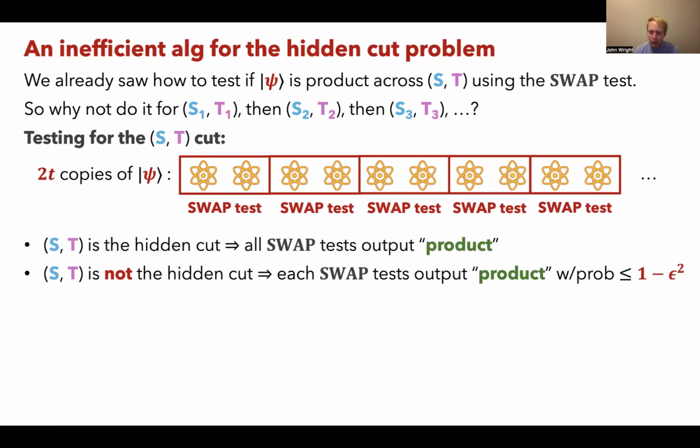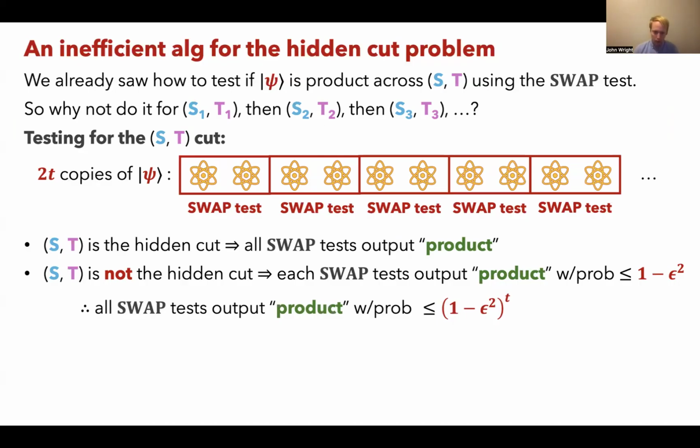So if I want to detect whether I am a product state across this cut, I just check if every test returns the word product, and if even a single one returns the word entangled, then I know I'm not a product state across this cut. So in this case where ST is not the hidden cut, then the probability that every swap test outputs the word product is going to be at most 1 minus epsilon squared to the t.